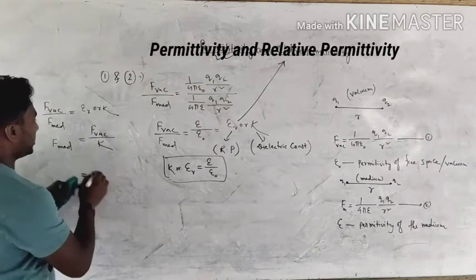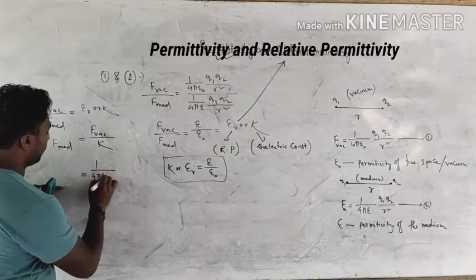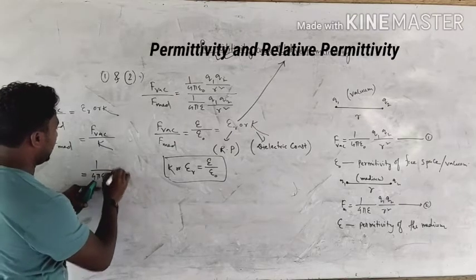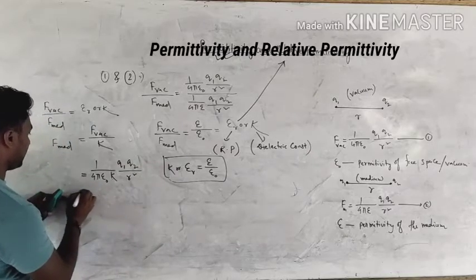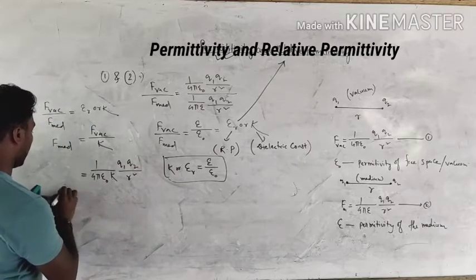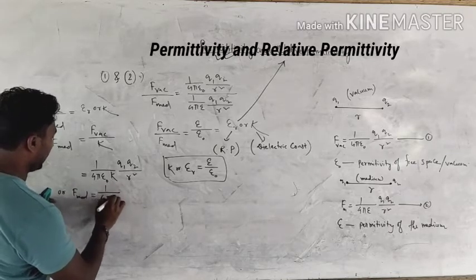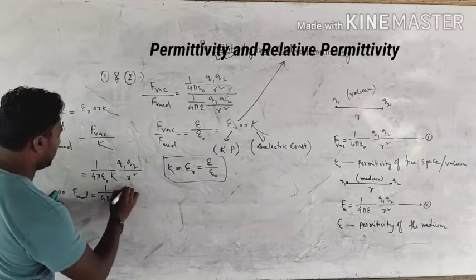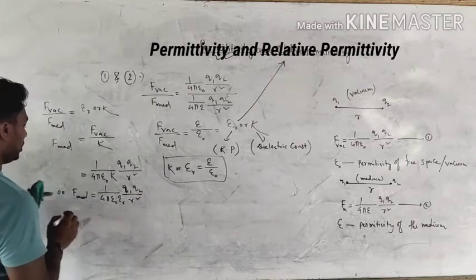So F vacuum, what is the formula we have got? F vacuum is 1 by 4 pi epsilon naught Q1 Q2 by R square, or we can also write F medium is equal to 1 by 4 pi epsilon naught epsilon R Q1 Q2 divided by R square, which will be Coulomb's law.